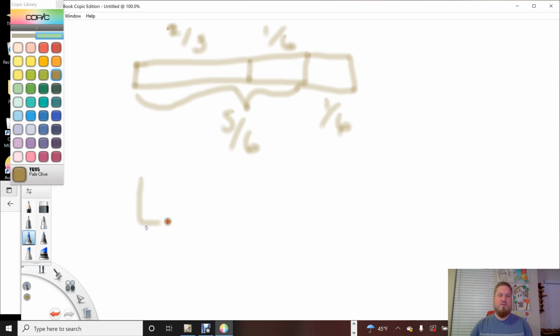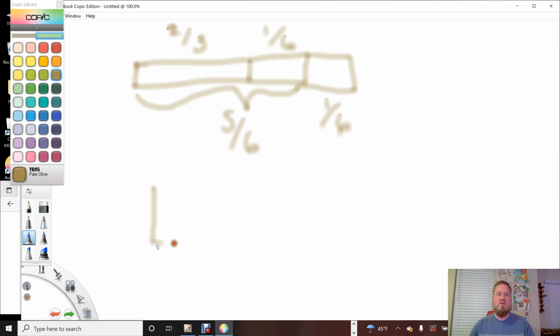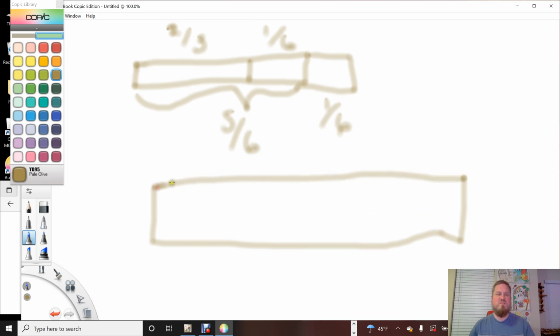You can also do the bars like that. It's really bad drawing again. It needs a straight line tool or something in this program.